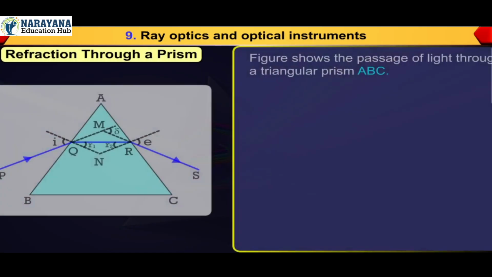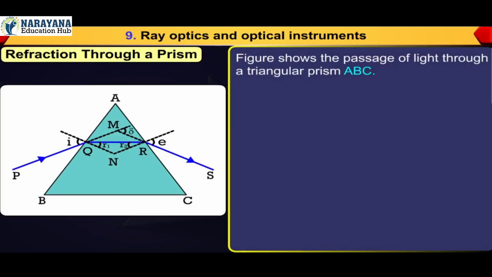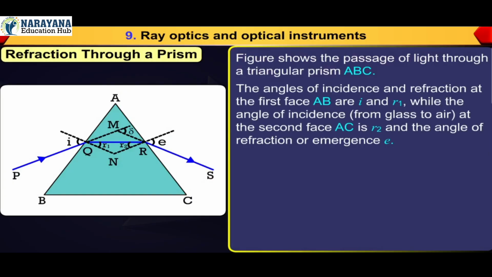Refraction through a prism. Figure shows the passage of light through a triangular prism ABC. The angles of incidence and refraction at the first face AB are i and r1, while the angle of incidence from glass to air at the second face AC is r2, and the angle of refraction or emergence is e.